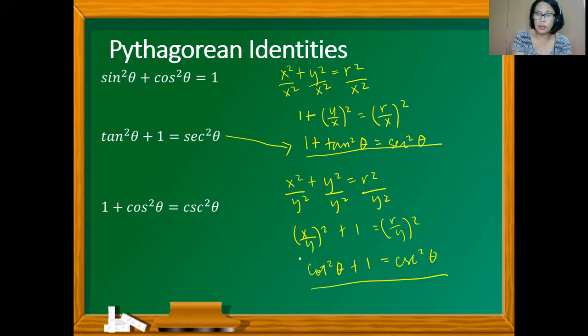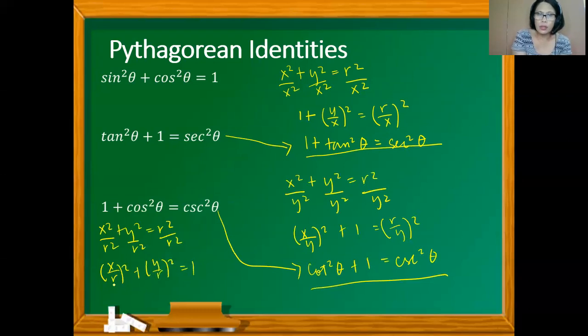So we got this one. And as we divide x squared plus y squared equals r squared by r squared, this is equal to x all over r quantity squared plus y all over r quantity squared equals 1. So this is cosine squared theta plus sine squared theta equals 1. So these three identities were derived from this.